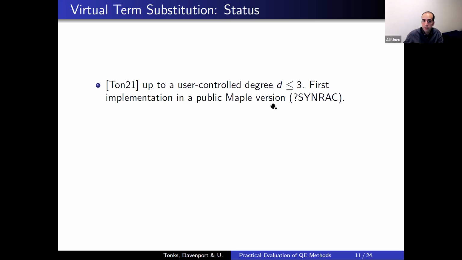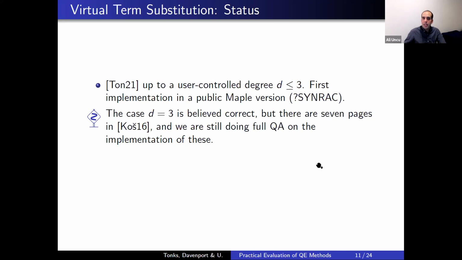Maybe it is in Synrac, but when you look at the documentation of Synrac, it actually says that they have up to degree 2. So maybe the documentation is not up to date, but I believe that it is the first implementation in a public Maple package.